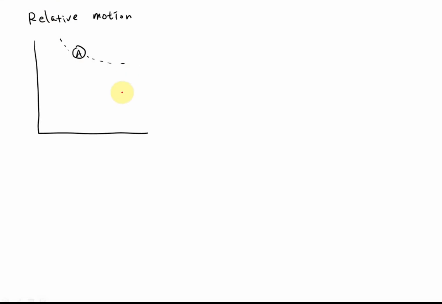Then you have another object B, and B moves along this kind of path. So B is moving that way, and A is moving that way, for example. Then the position of A should be RA, and the position of object B is RB. Let's say this is my x, this is y.